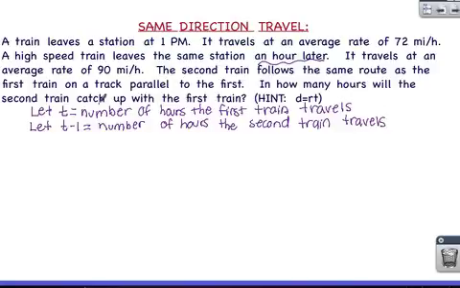We want to know when they catch up with each other, which means that the distances are the same. So we're setting up an equation where the distance of train 1 equals the distance of train 2.